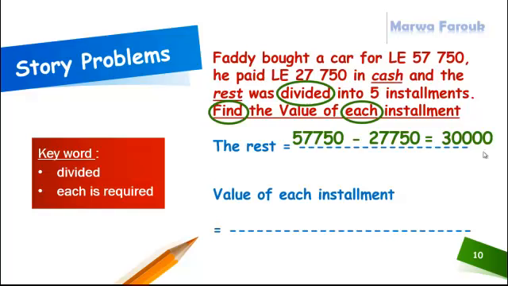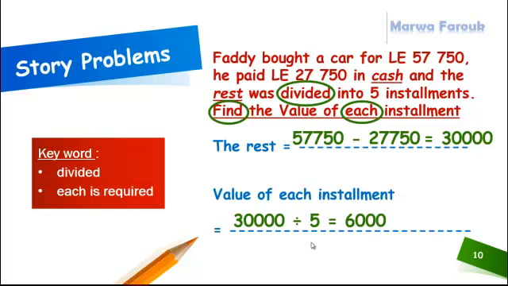So we are going to divide 30,000 by 5. 3 divided by 5 can't be done, so we make 30 divided by 5 equals 6, and then 0 divided by 5 is 0, 0 divided by 5 is 0, and 0 divided by 5 is 0. So we got 6,000 pounds.